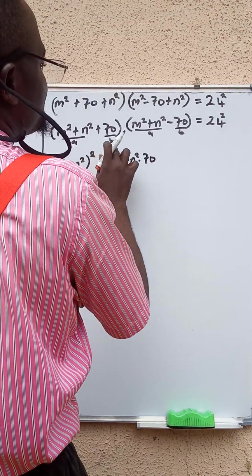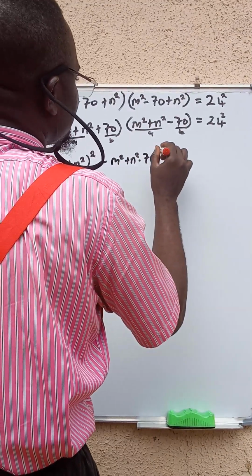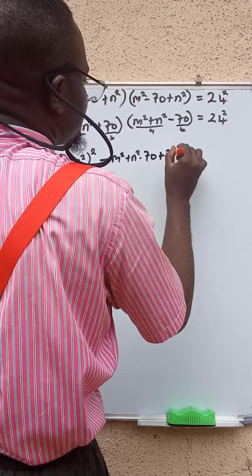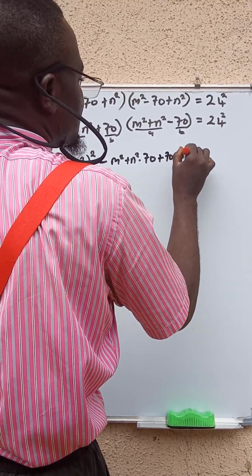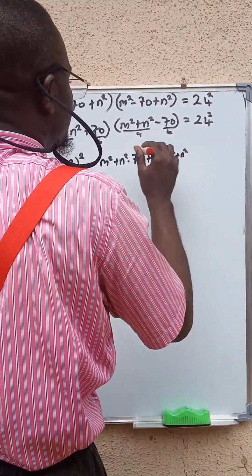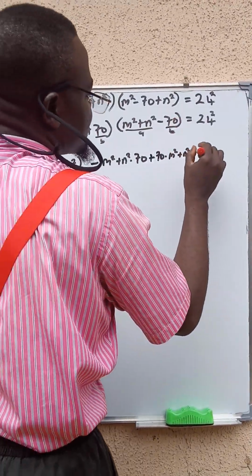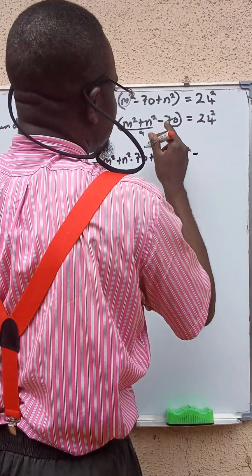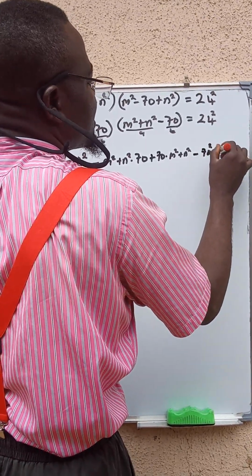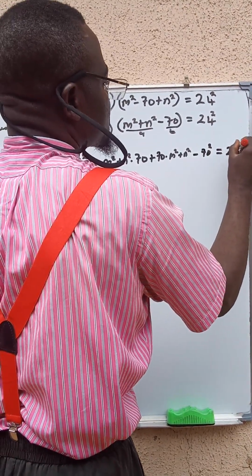Then B times A will now be plus 70 dot m squared plus n squared. Then B times B is B squared, but it's minus. So now 70 squared equal to 24 squared.